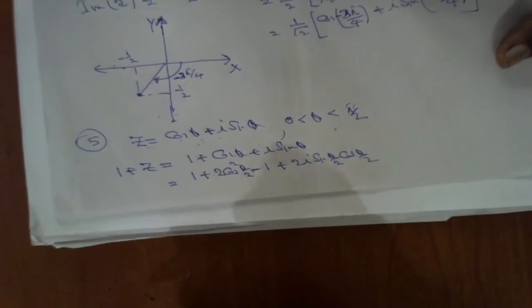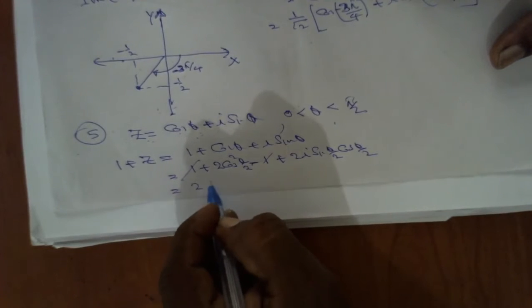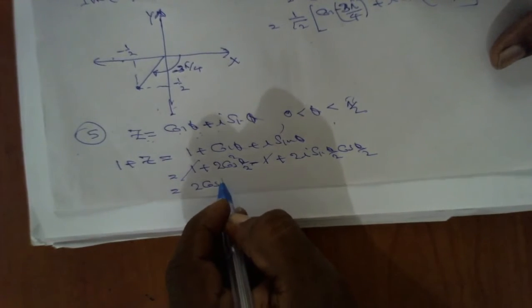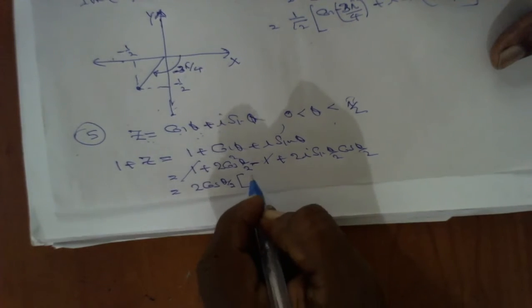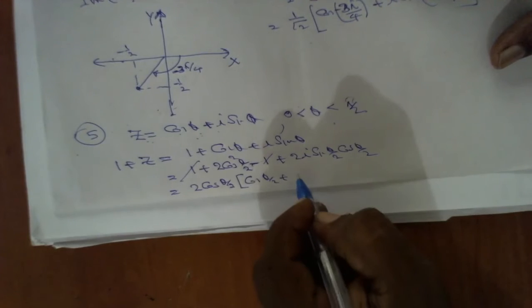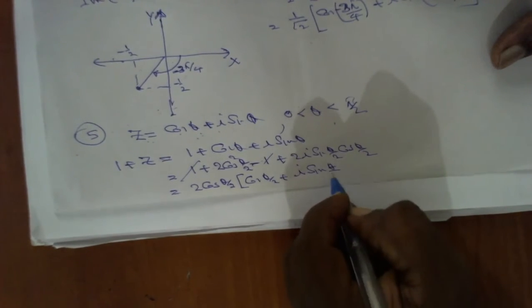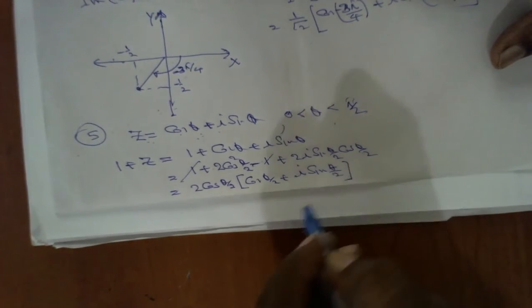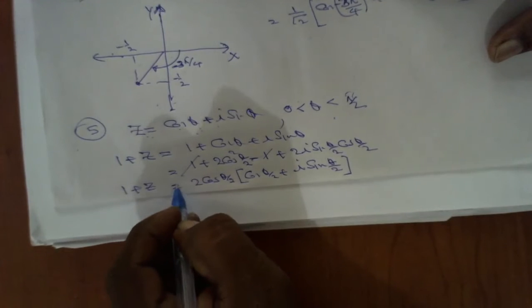Then here 1 gets cancelled. Then you take 2 cos theta by 2 out. If you take 2 cos theta by 2 out, here you have cos theta by 2 plus I sin theta by 2. That's all.